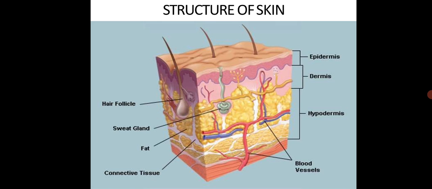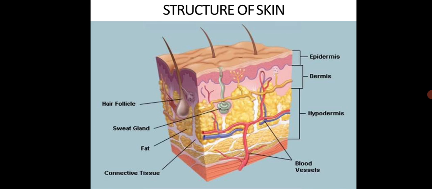In the hypodermis layer, the blood vessels will be present. The blood vessels will be present throughout the hypodermis as well as the dermis, whereas the epidermis may not have a direct blood supply, but it may absorb oxygen from the atmosphere and it may get dissolved into the epidermis layer.